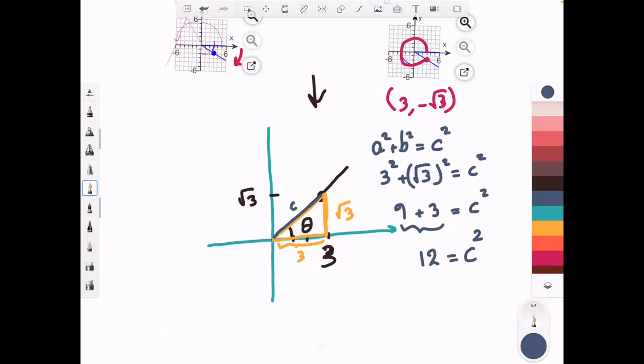I can ask anybody here, what is c? I don't want to pick. I was late. I don't want to give you guys a hard time. What is c? Elizabeth, use your fancy calculator.